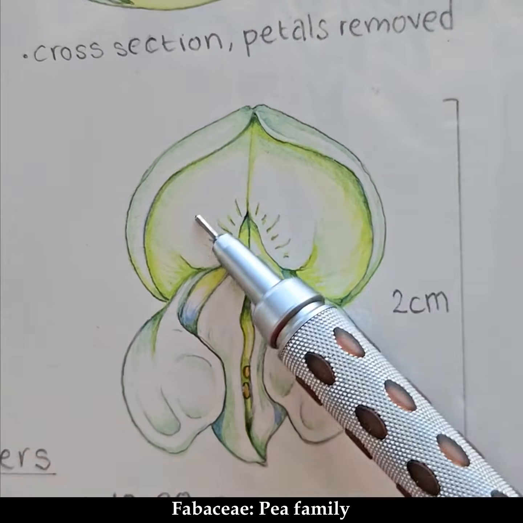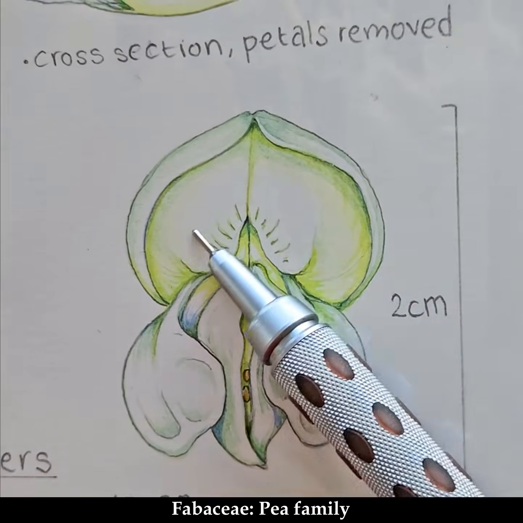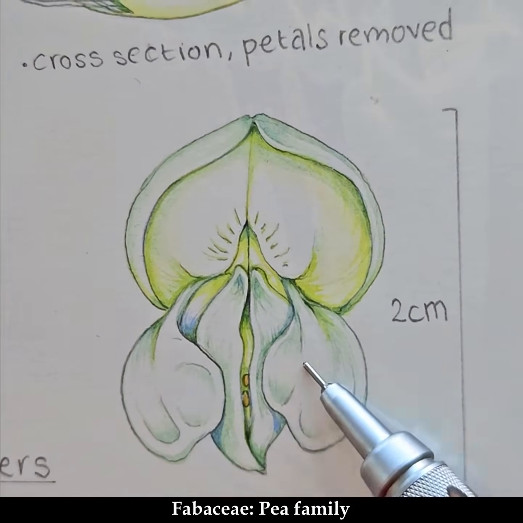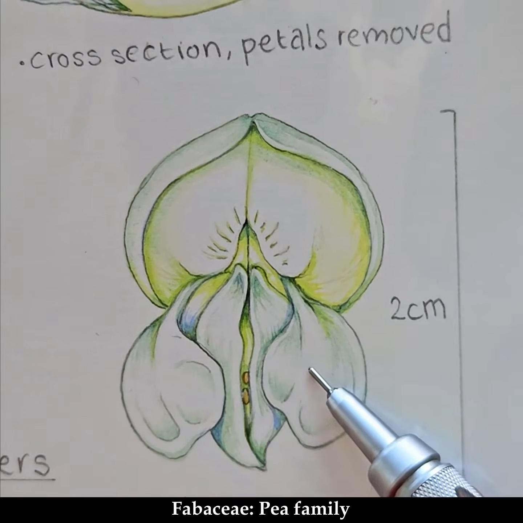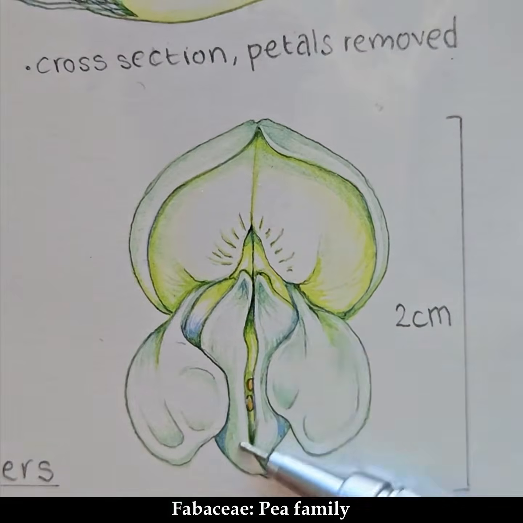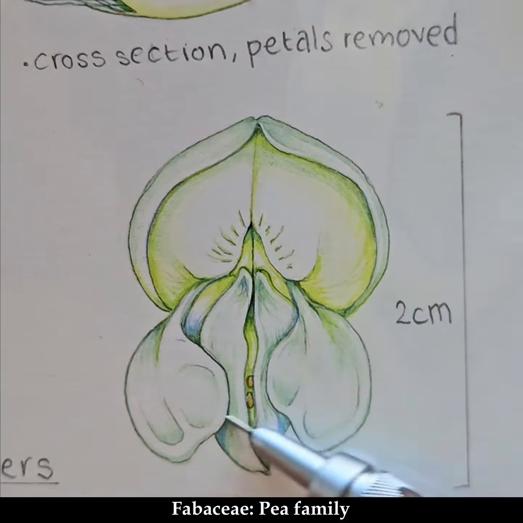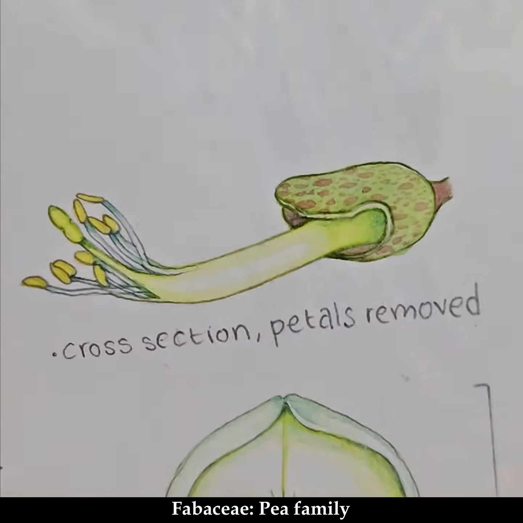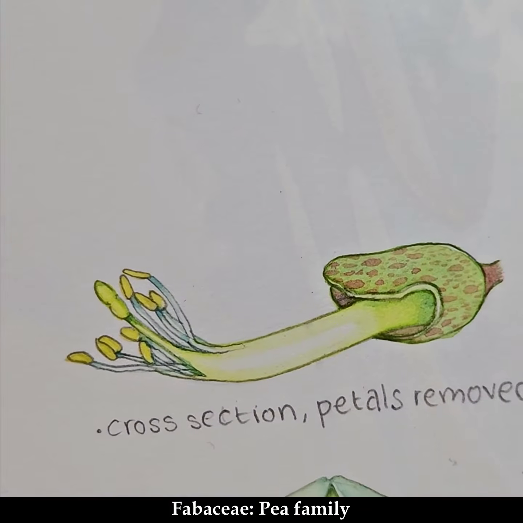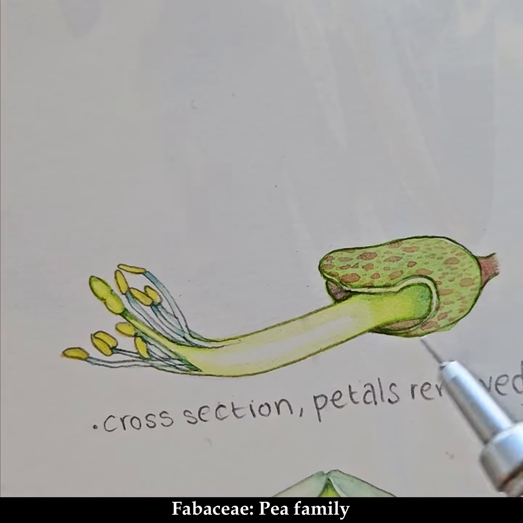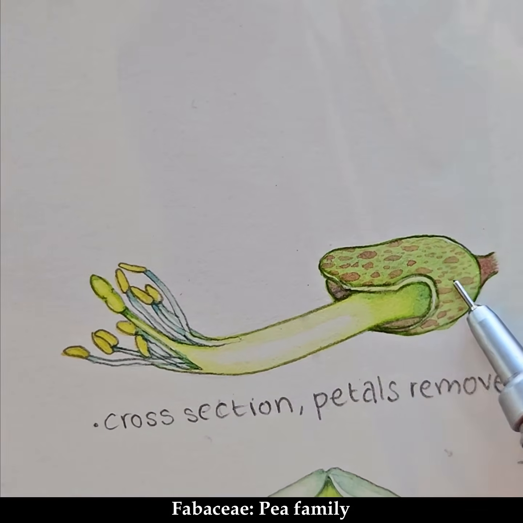So the back petal here is known as the standard. Either side, in the pea family, the flowers will have wings, which go either side, and then this area here is called the keel. So those make up the structure of every single flower in the pea family. Inside the flower, you will find that the 5 sepals have been fused into a calyx tube, which has been cut away here.